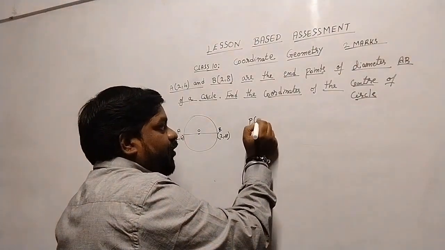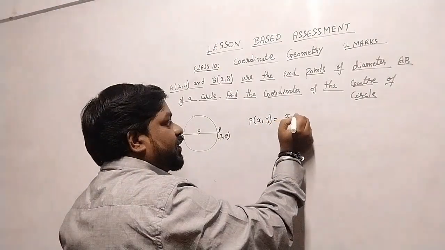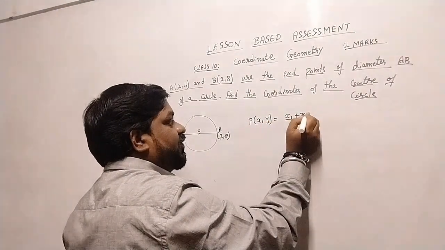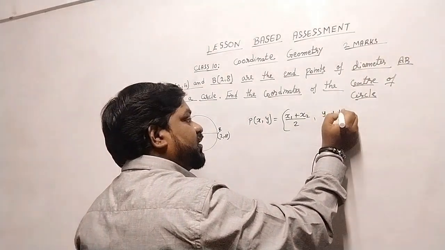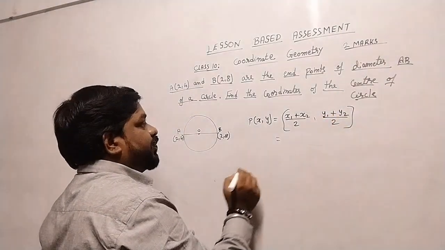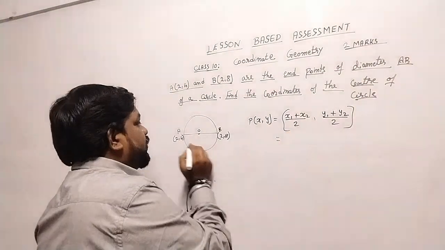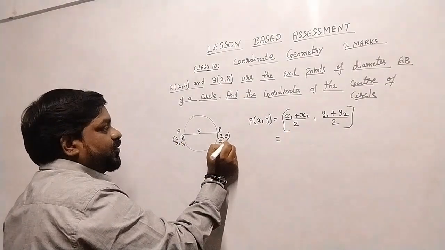So write the midpoint formula. P of x comma y equals x1 plus x2 divided by 2 comma y1 plus y2 divided by 2.